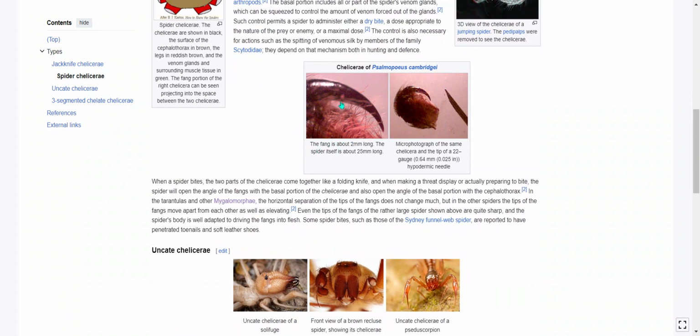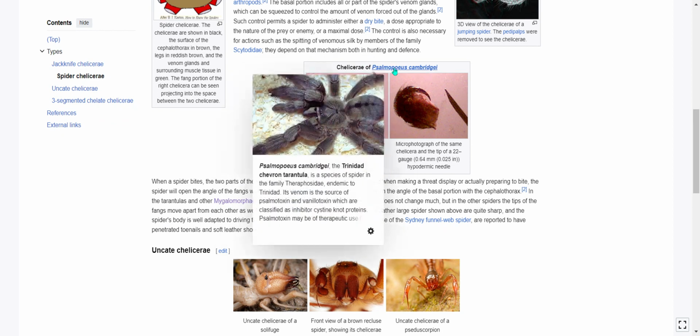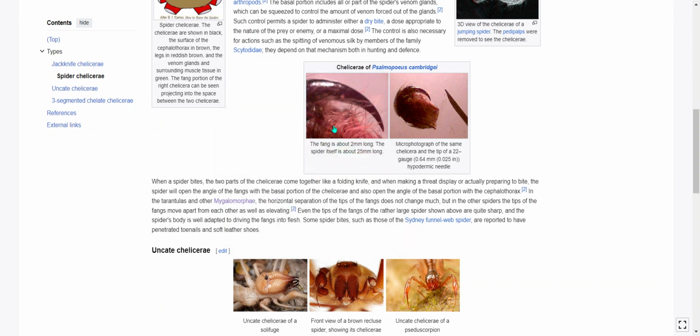Here's the chelicerae of a Psalmopoeus cambridgei, the Trinidad chevron tarantula. It's endemic to Trinidad, and its fang is about 2 millimeters long, which is pretty big, all things considered.